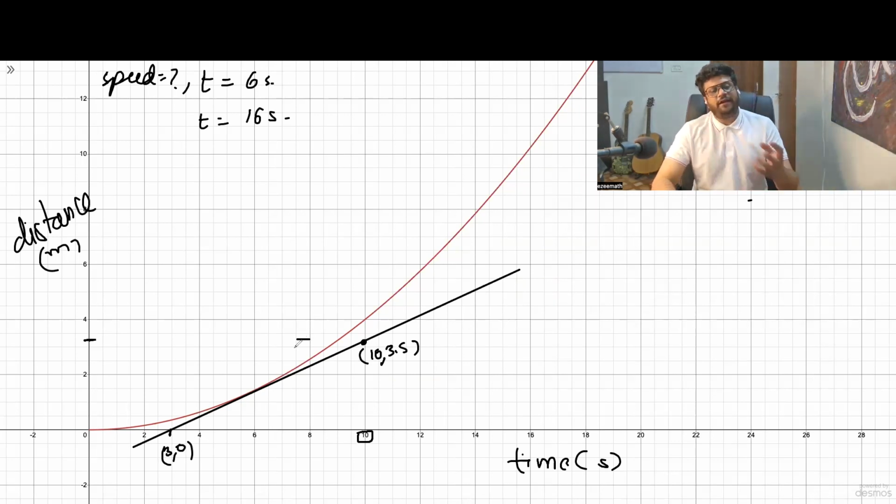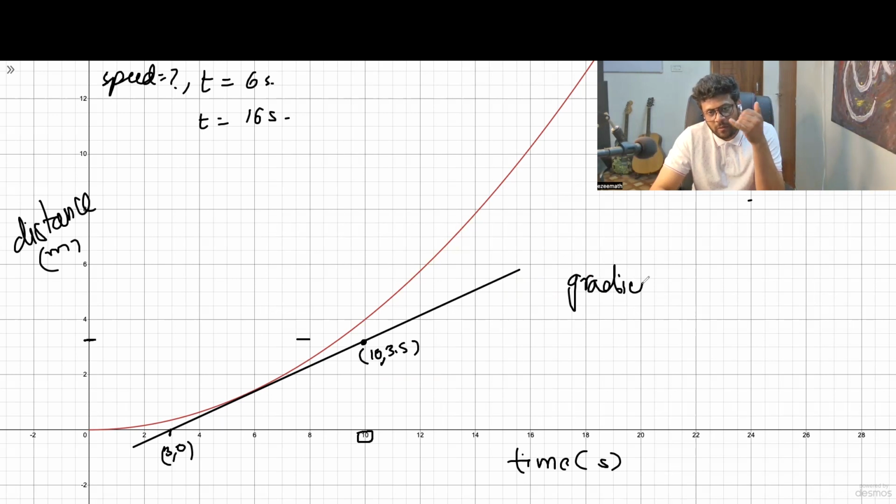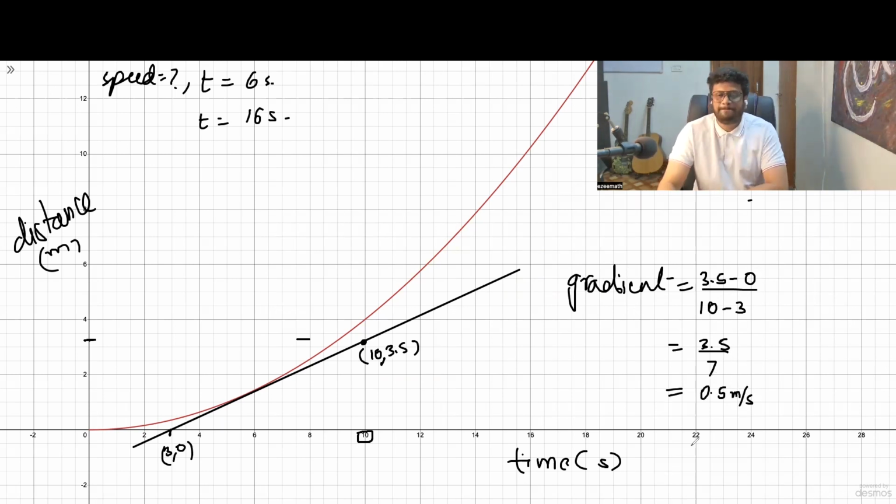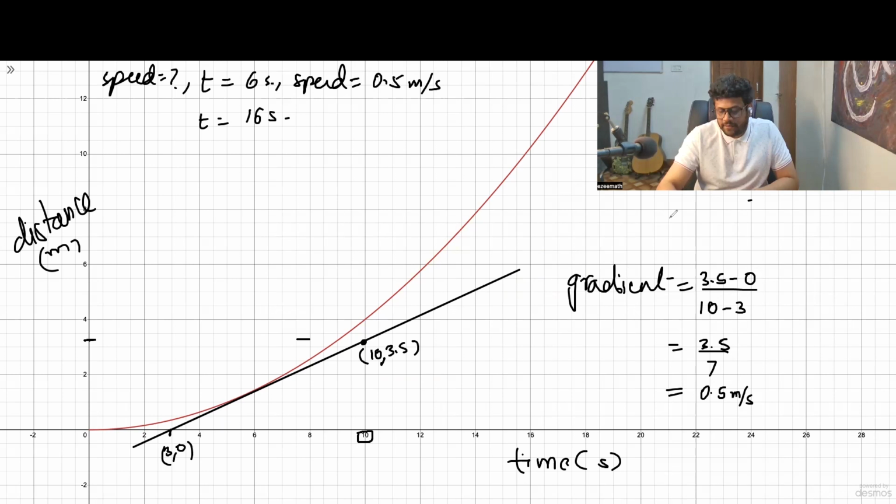So you find the gradient of this line: y2 minus y1 divided by x2 minus x1. So you go 3.5 divided by 7 comes out to be 0.5 meter per second. Well, that's the speed of the object. That's the speed of the object when time was equal to 6 seconds, 0.5 meter per second. That's it.